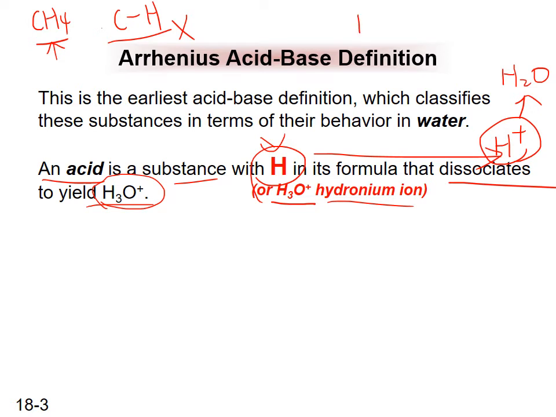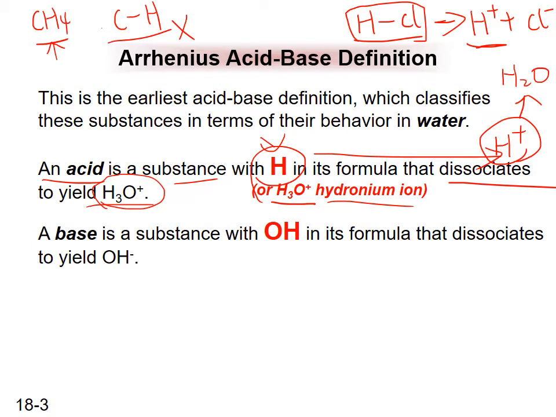On the other hand, hydrogen chloride can easily dissociate into hydrogen ion and chloride ion, and therefore, according to Arrhenius theory, this is an acid. Hydrogen chloride is an Arrhenius acid.